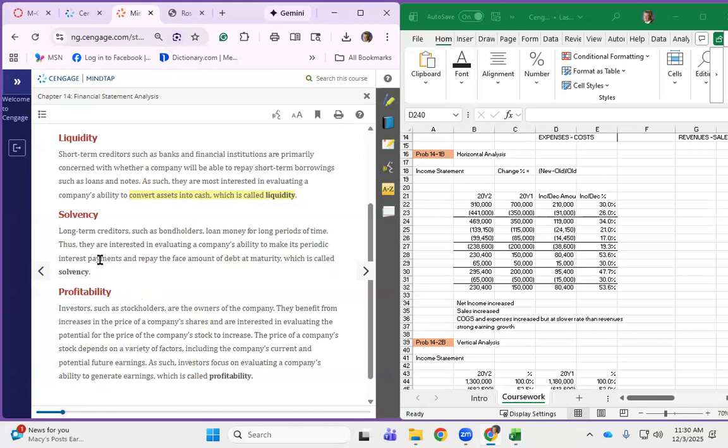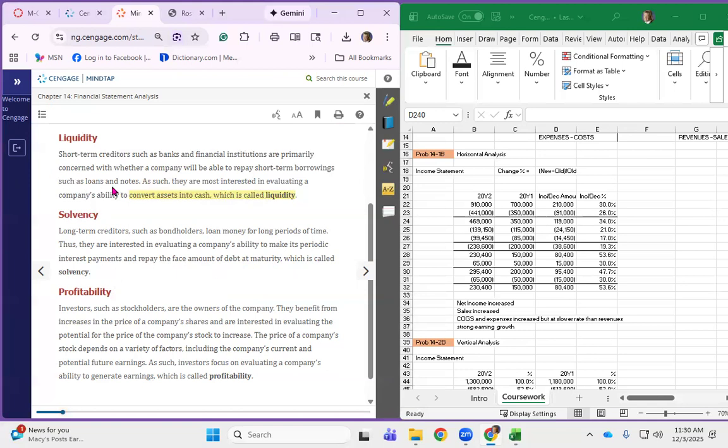Solvency is a word. What solvency means is long-term creditors, such as bondholders, loan money for long periods of time. Thus, they are interested in evaluating a company's ability to make its periodic interest payments and repay the face amount of debt at maturity, which is called solvency.